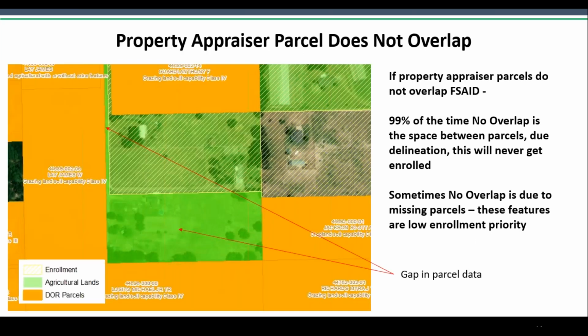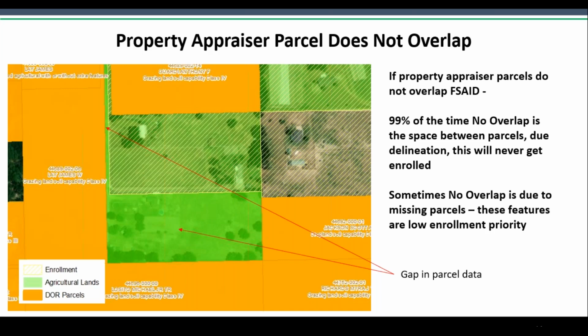So in situations where the property appraiser parcel data does not overlap with our unenrolled coverage, this happens sometimes. The lack of overlap is due to the space between parcels, either due to delineation issues or sometimes missing parcels. For instance, if someone is part of law enforcement or another protected class based on Florida's Sunshine laws, their parcel information is not made publicly available.